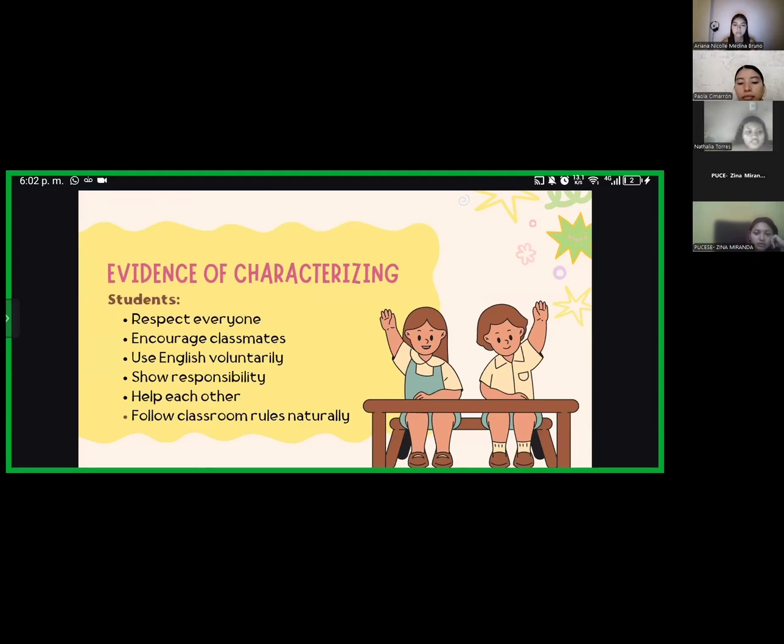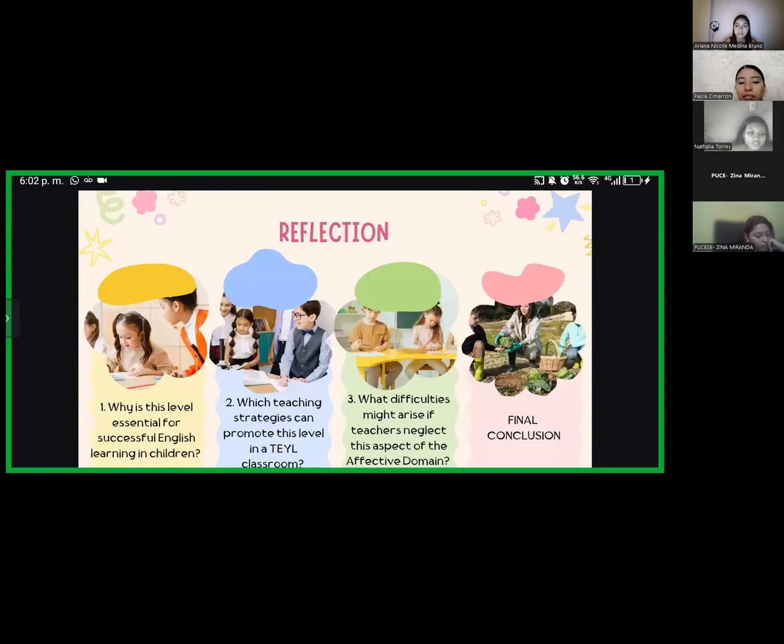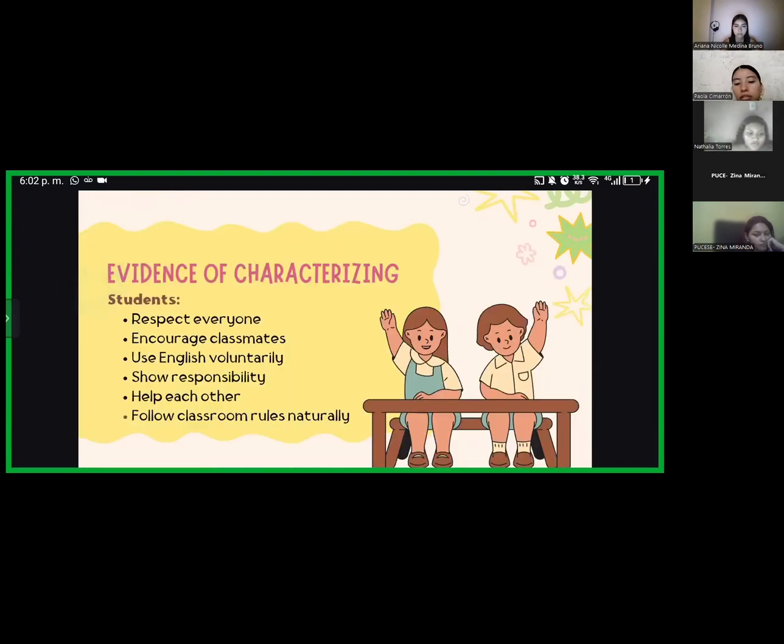Now, why is this characterizing and not another level? It is important to understand why this classroom situation represents characterizing instead of another level of the affective domain. If this were the valuing level, students would show that they appreciate values such as respect and cooperation, but they might only demonstrate them in certain situations or when they receive encouragement.